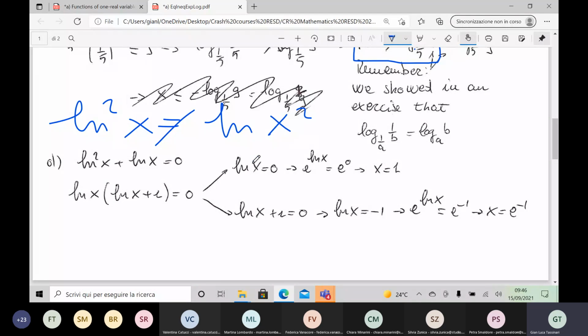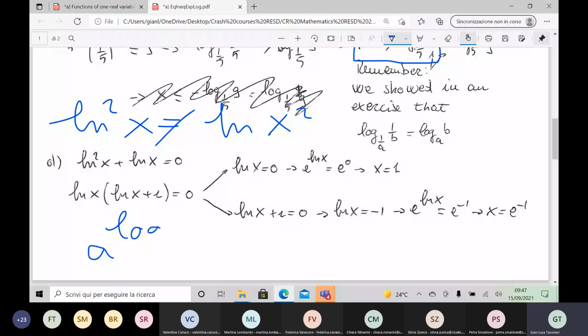Well, we have to apply a property that I wrote yesterday. I showed the property and I proved it. Logarithm with basis a of b: a to the power logarithm with basis a of b is equal to b. We have shown it yesterday.